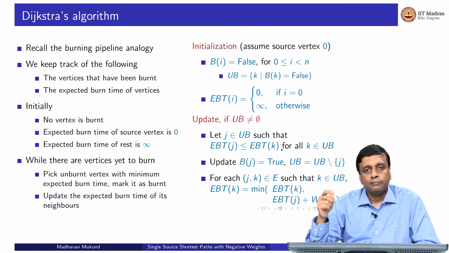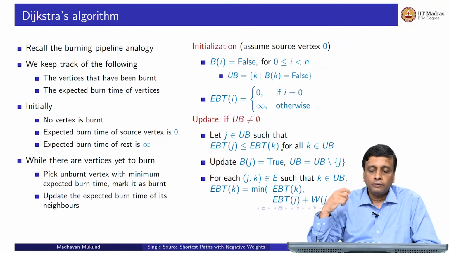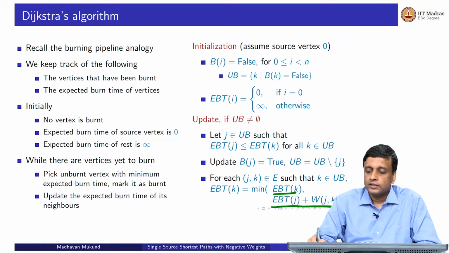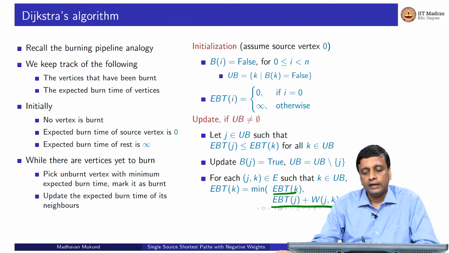We burn it, we make its status change from unburnt to burnt, or from unvisited to visited, and then we update the time or the distance to all the neighbors. For every k which is a neighbor of the vertex j that we just chose, we update its burning time to be the minimum of its already known burning time, or the burning time of j plus the distance from j to k.